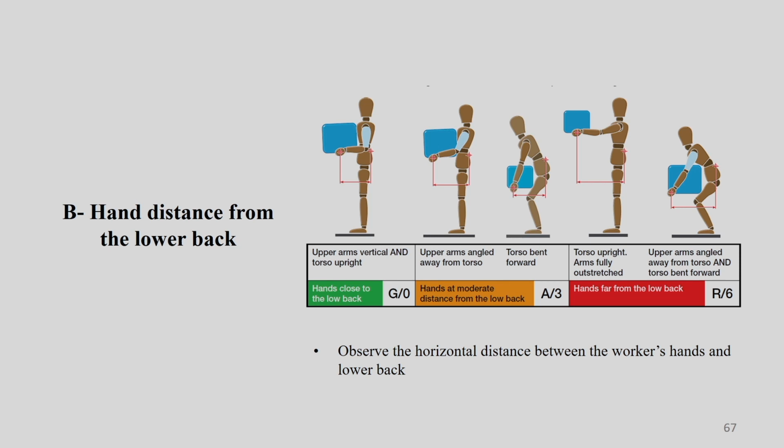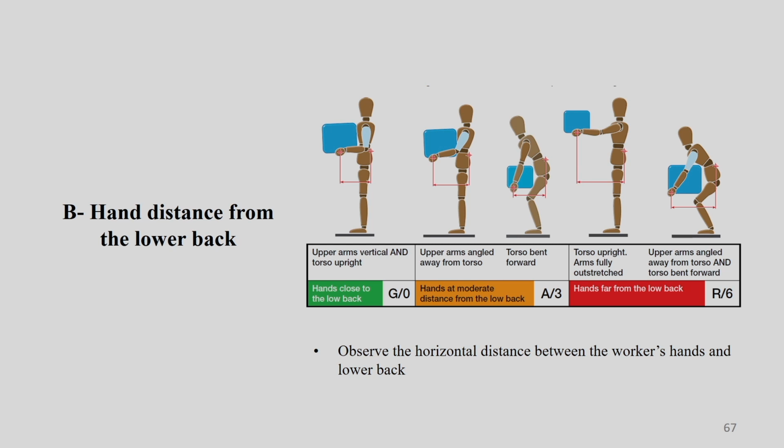Now, hand distance from the lower back. As you know, if your hand is moving away from your body with a load, definitely the whole CG is going away and it is going to tax your back, right?